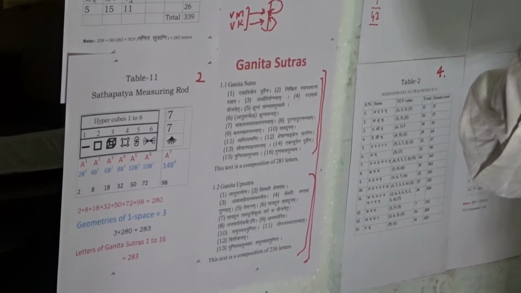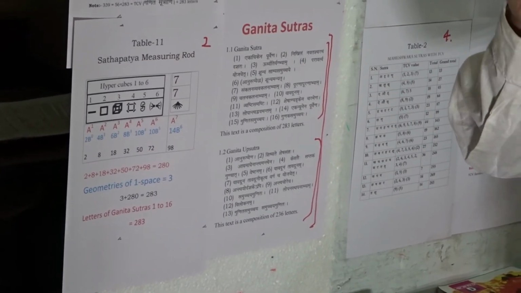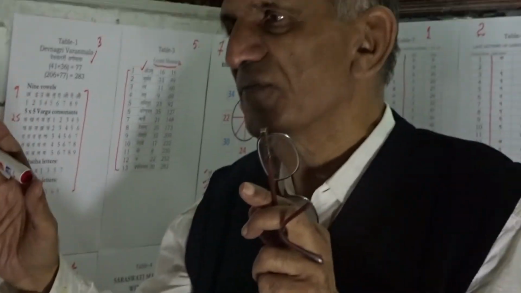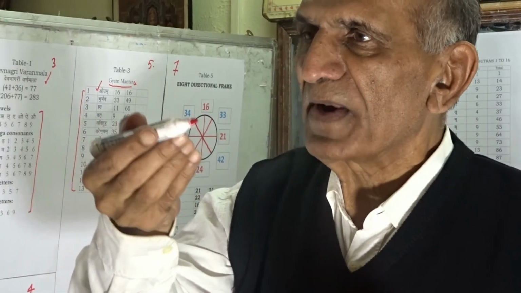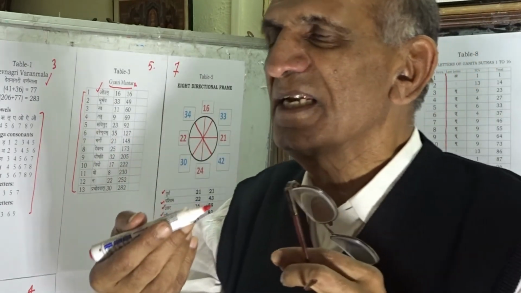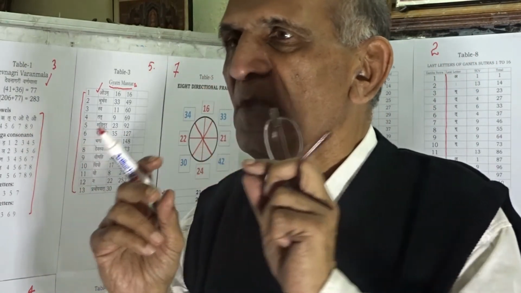There are 4 Vedas: Rig Veda, Yajurveda, Samveda, and Atharveda. These are the pure values Samhitas. Parallel to these pure values Samhitas are the applied values Samhitas, designated as Upavedas.